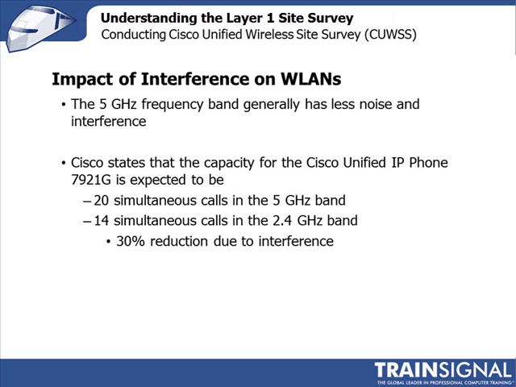Now again, these are what you might expect. The purpose of the site survey is to go out and assess the interference, assess which channels are the best ones to deploy your access point on, so you can make the right estimate as the number of calls that you would expect to be able to deploy in those unlicensed frequency bands.